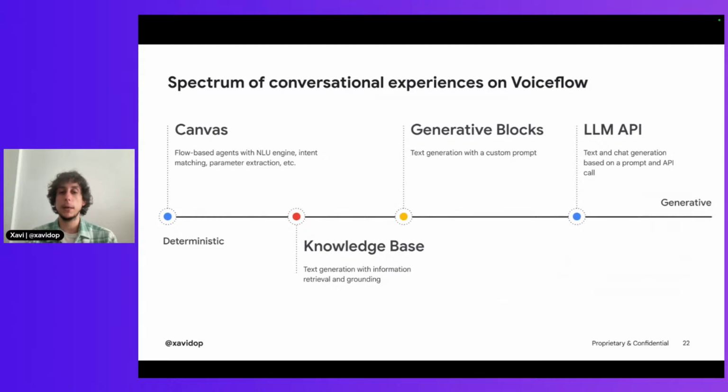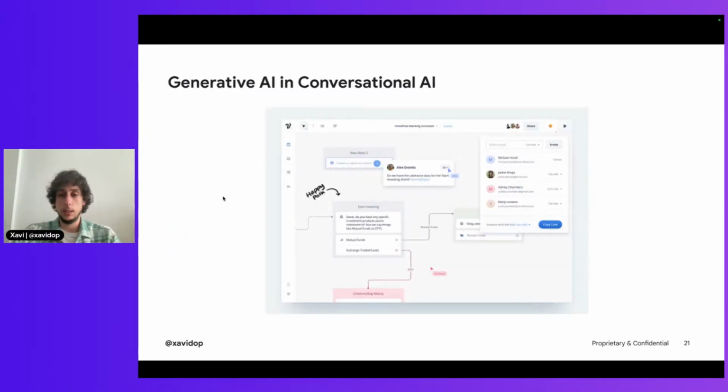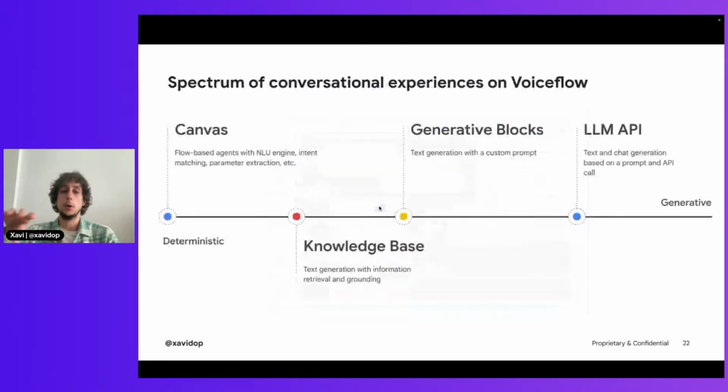In terms of the spectrum, what we are going to find here is kind of similar. We have the canvas, which is where you are going to drag and drop blocks. That is the more deterministic one. And then you have the knowledge base. There's a block specifically that you can use to query a knowledge base.